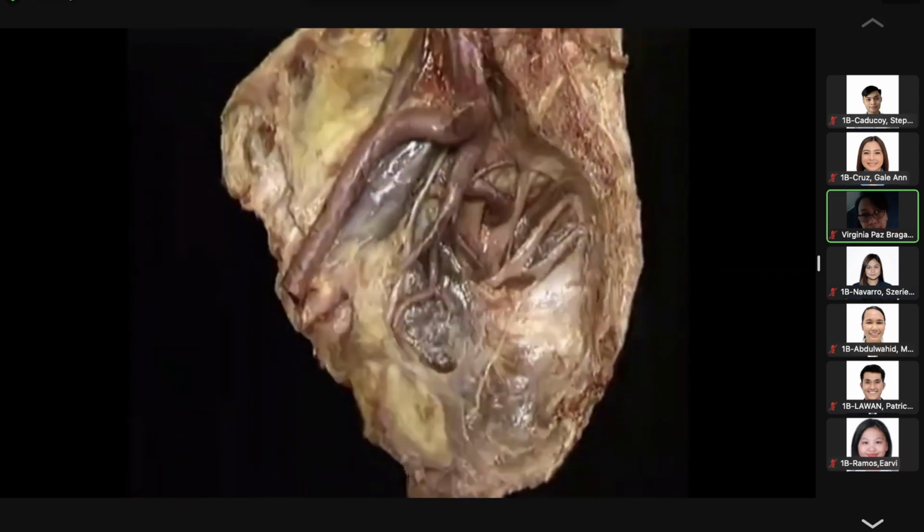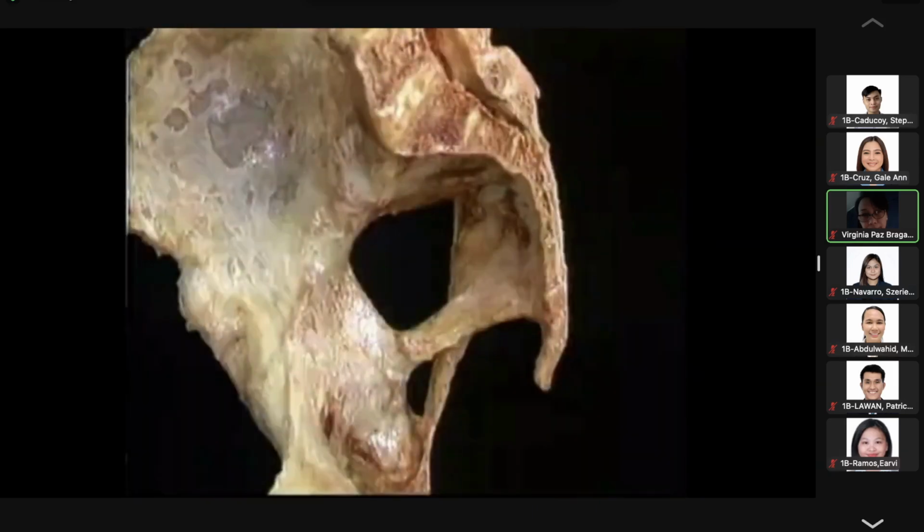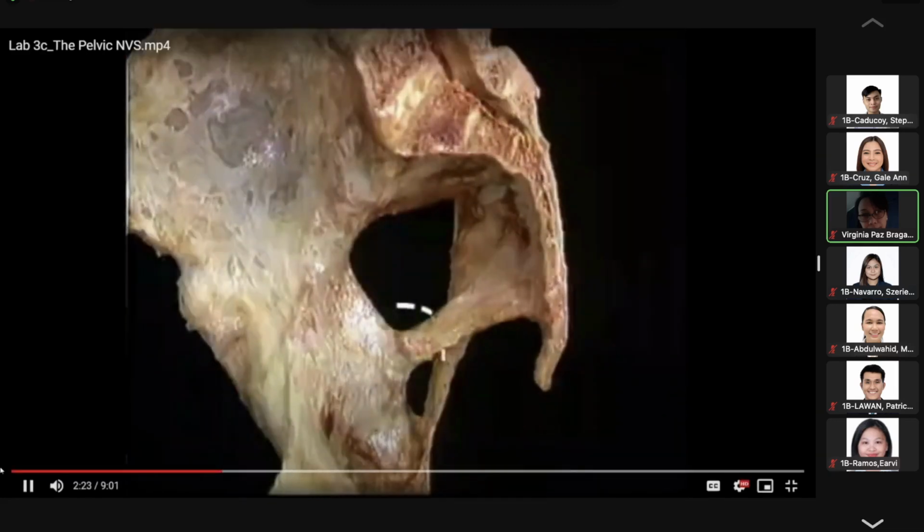To reach the perineum, the internal pudendal artery goes out through the greater sciatic foramen, around the sacrospinous ligament, and back in through the lesser sciatic foramen. Okay, again, what is the structure that passes through the greater sciatic foramen, moves a little bit to the back, and then re-enters the lesser sciatic foramen?